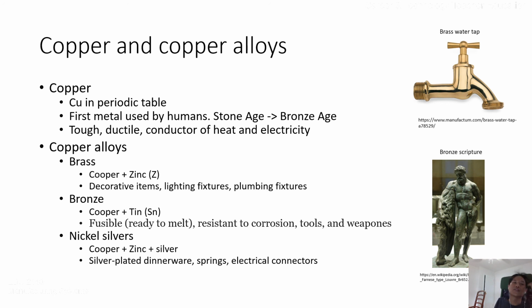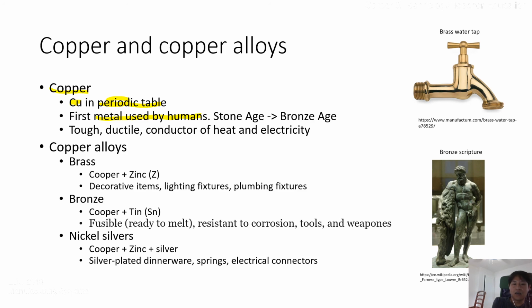Anyway, copper is called Cu in the periodic table, and it is the first metal used by humans. I'm going to ask why people used copper rather than other metal products. That's also an important question. You can think about this question with your students.